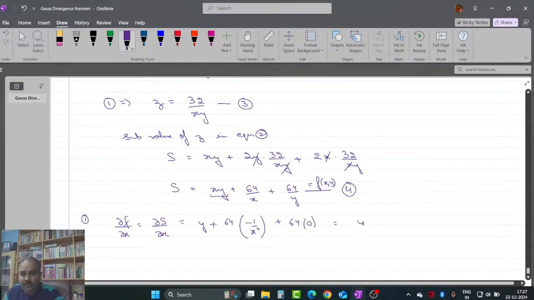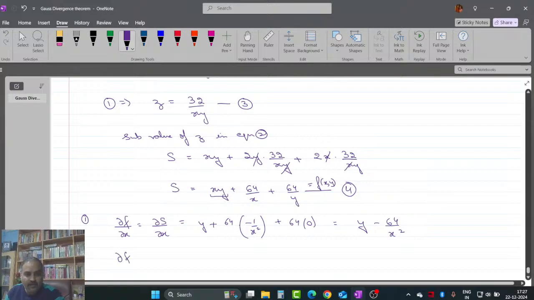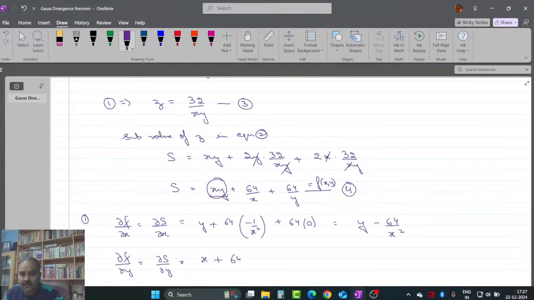So output will be y minus 64 over x square. Now curly f by curly y, that is basically curly s by curly y. So the derivative with respect to y will be x plus 64 into derivative of 1 upon x which is 0, plus 64 times derivative of 1 upon y which is minus 1 upon y square. So output will be x minus 64 over y square.